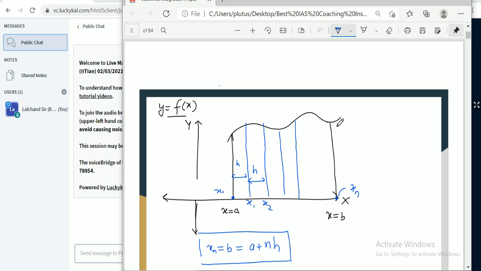Now if we add all these strip areas, then this is equal to the area of, let's suppose this is P, this point is Q, R, S. If we add the area of each strip, starting from the first strip, second strip, and so on, then that area is equal to the area of PQRS, isn't it?